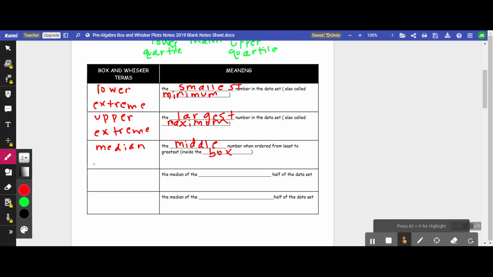The next one is your lower quartile, which is the median of the lower half of your data set.